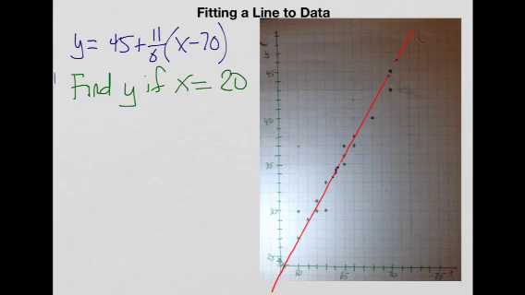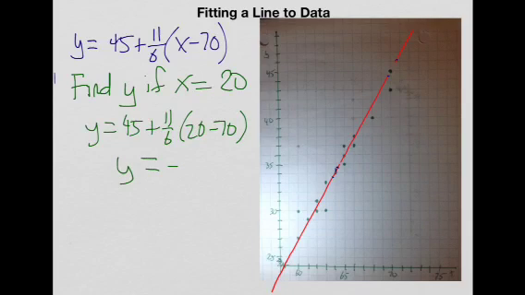Let's find another value. So let's look and see what is the value of y if x equals 20. This I definitely can't see with my graph, so I'll plug straight into my equation. So I go y equals 45 plus 11 over 6 times 20 minus 70. I plug that in, and I'm going to get y equals a negative 50.3 repeating.